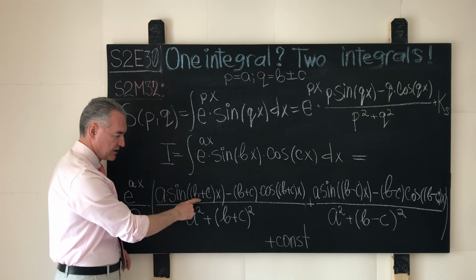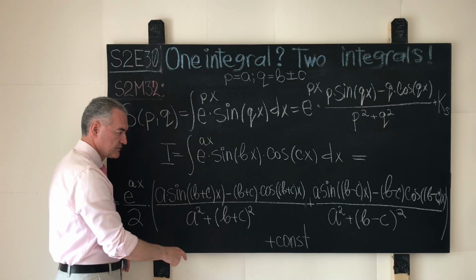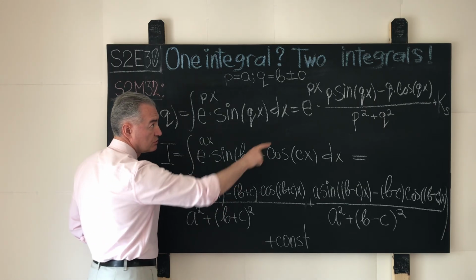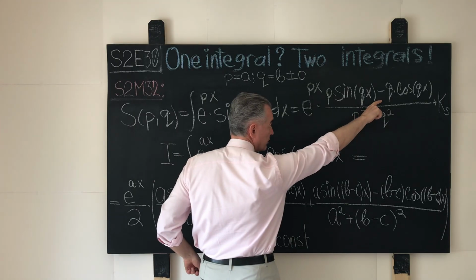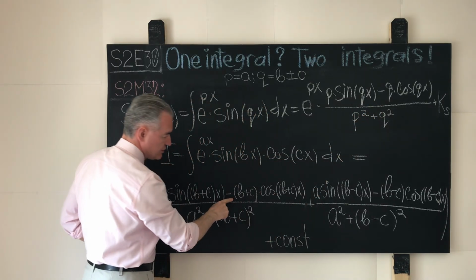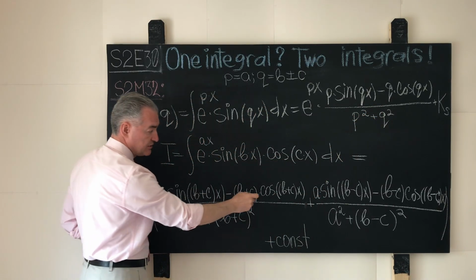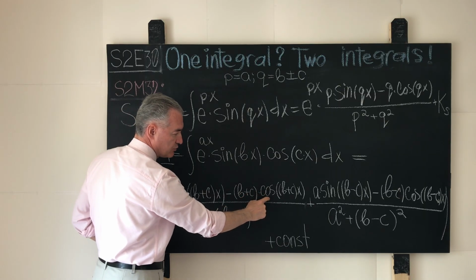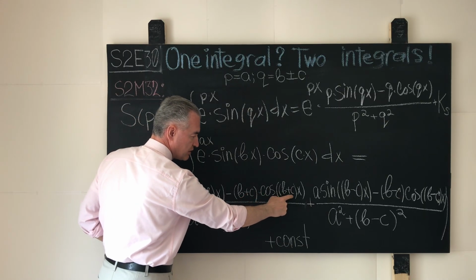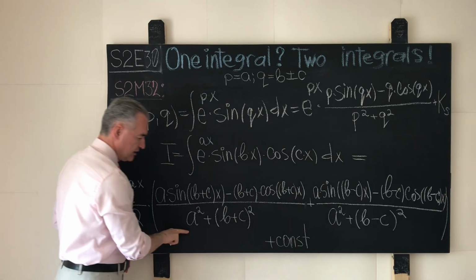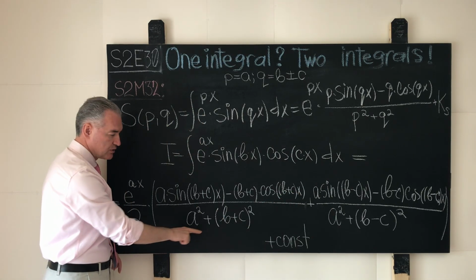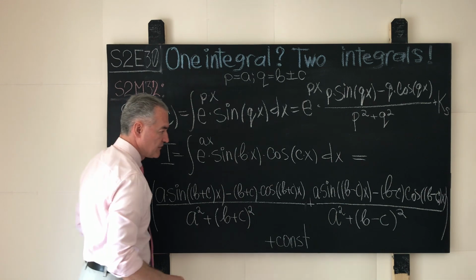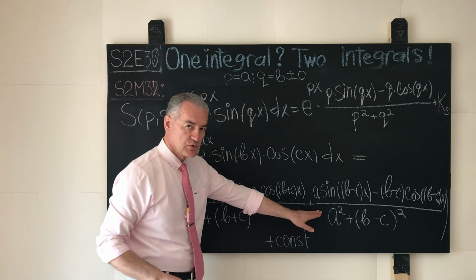B plus c, the sum b plus c times x, minus q. Remember this factor over here q, which is the sum b plus c times the trigonometric function of cosine evaluated at which argument? B plus c, the sum, times x, divided by the sum of squares a squared plus b plus c squared. And the second summand will be what?